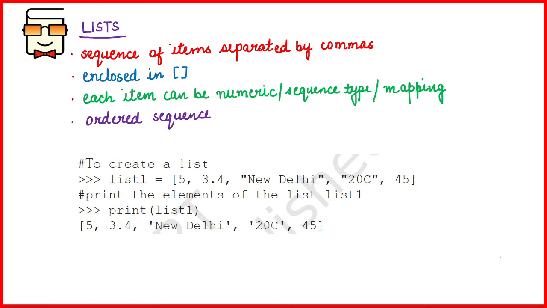Now coming to the second sequential data type, which is the list. So a list is a sequence of items again, but in this particular sequential data type, the items are separated by commas.